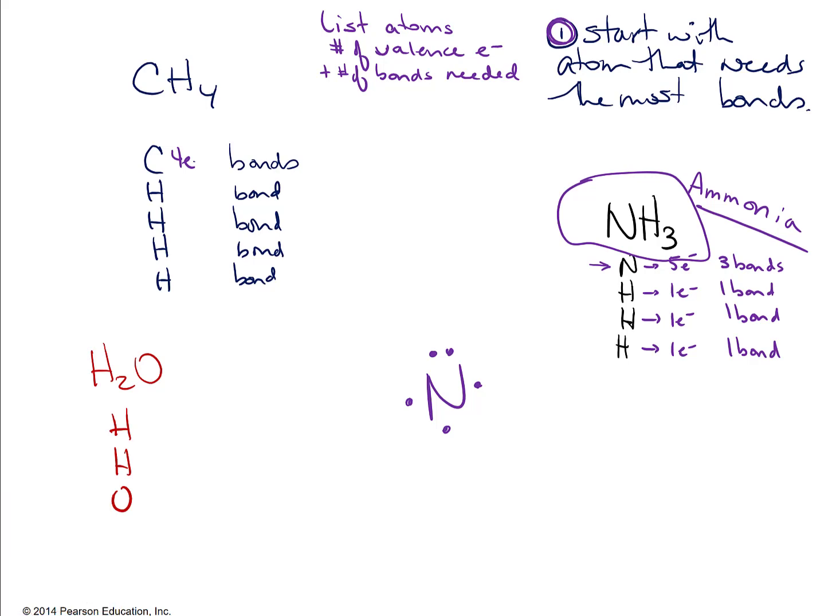Then I'm going to add a hydrogen at each spot. So there's a pair that needs to go here, a pair to form here, and a pair to form here. Nitrogen has 8, hydrogens have 2 for stability. You might also see it drawn out like that.